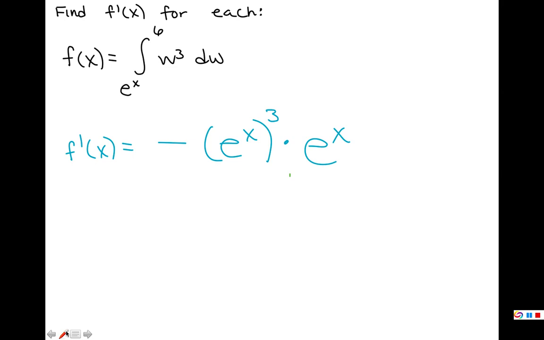So I took my lower bound, the e to the x, I plugged it in for w, and that's this first part right here, e to the x to the third. Then I had to use the chain rule, and I had to multiply by the derivative of the inside function. The inside function is that e to the x. The derivative of e to the x is e to the x.